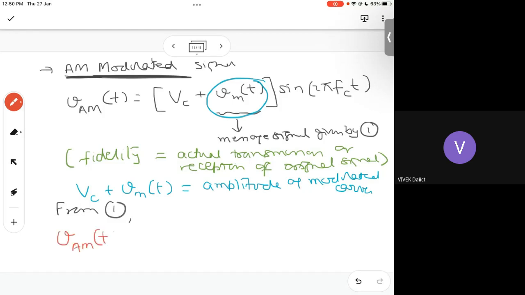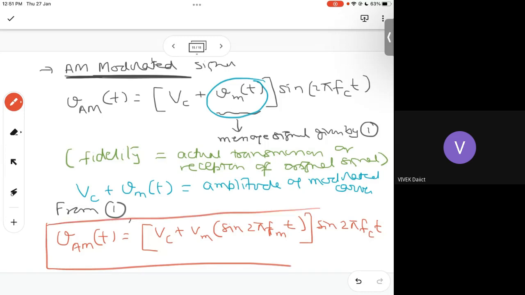VAM(t) is equal to VC plus VM sine 2 pi FMT, times sine 2 pi FCT. So that becomes my modulated wave.